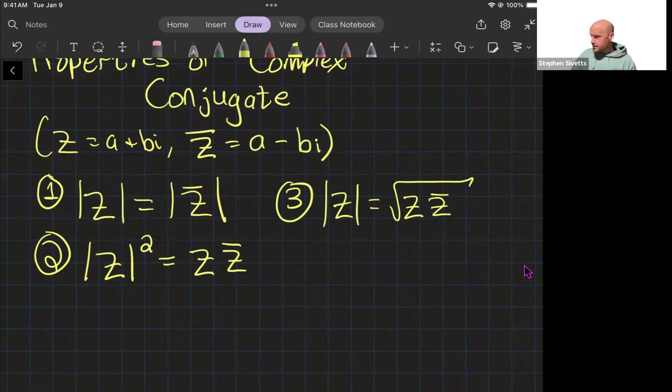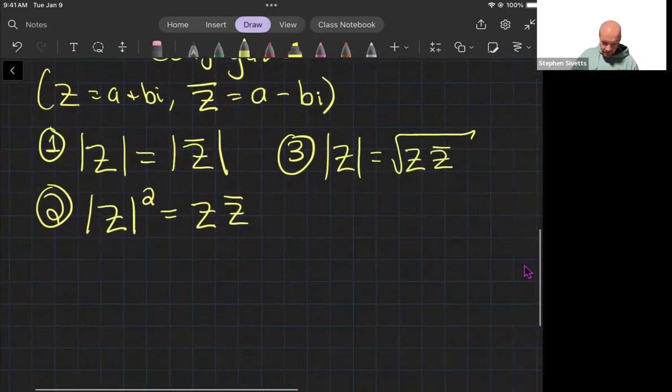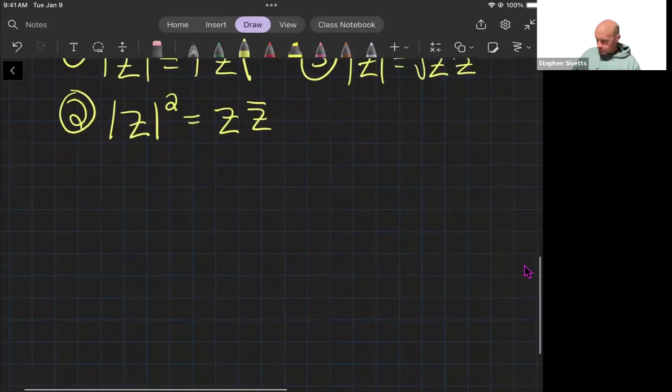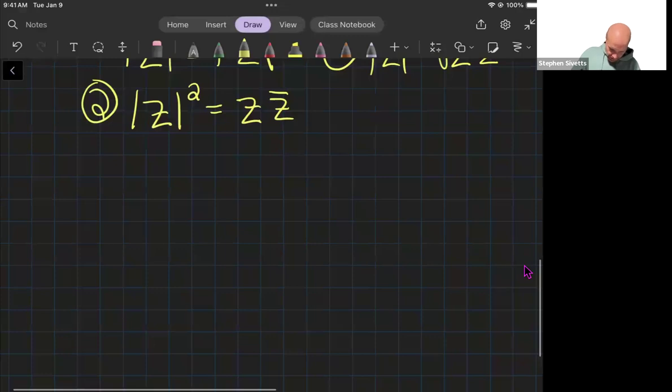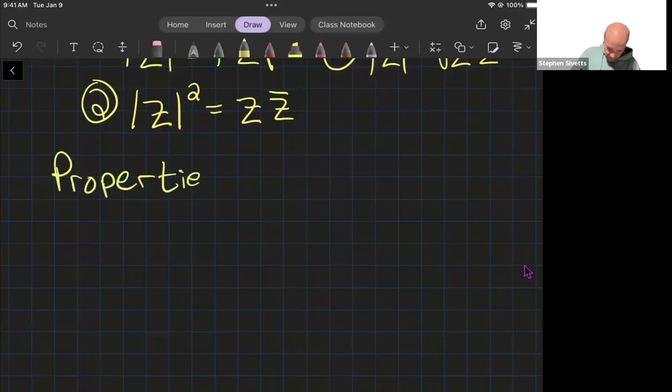Pretty useful properties for the complex conjugate. And I'm going to write out some more properties of the modulus.